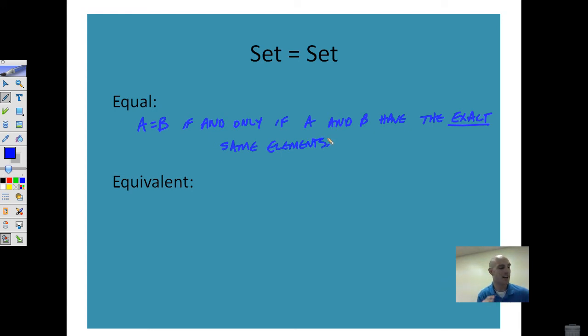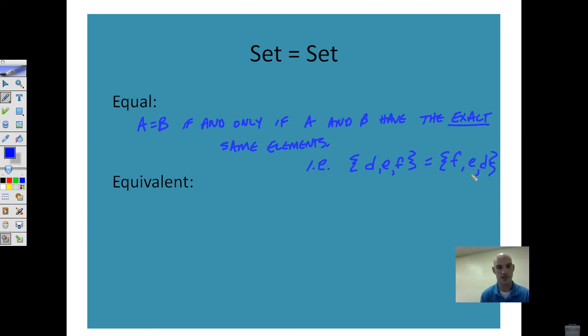They have to have the exact same elements. So, for example, if I say that DEF is equal to FED, they have the exact same elements, so those sets are equal.